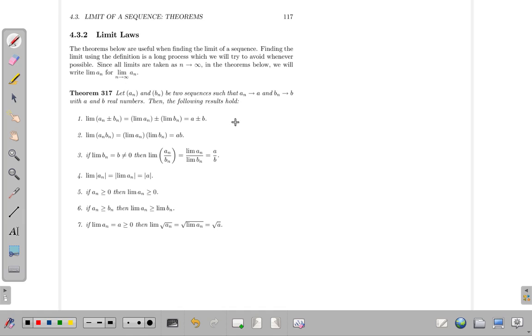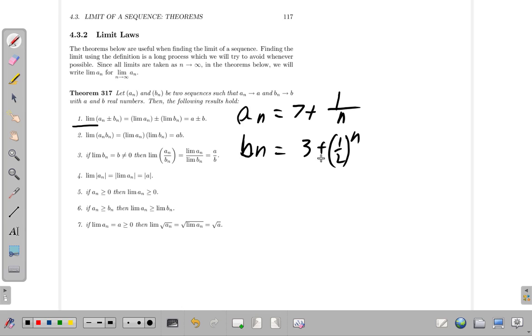Suppose the sequence an is, let's say, 7 plus 1 over n. And let's say bn is a sequence 3 plus half raised to the power of n.